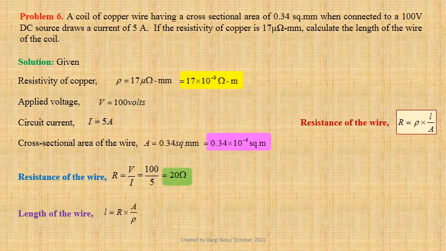Using values we get 20 into 0.34 into 10 to the power minus 6 divided by 17 into 10 to the power minus 9, that gives us 400 meters.